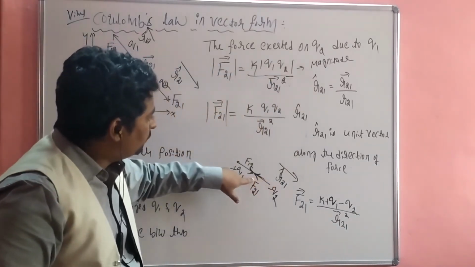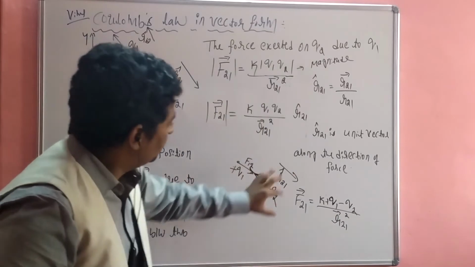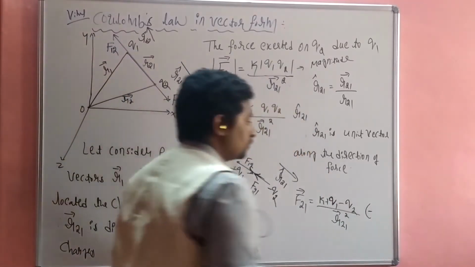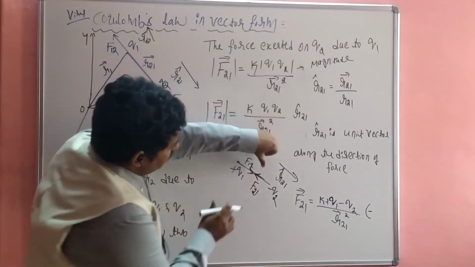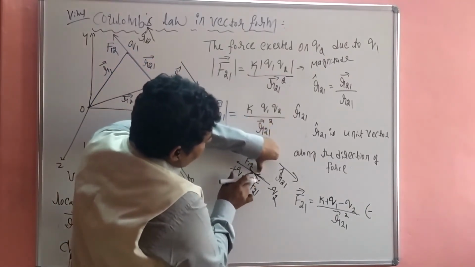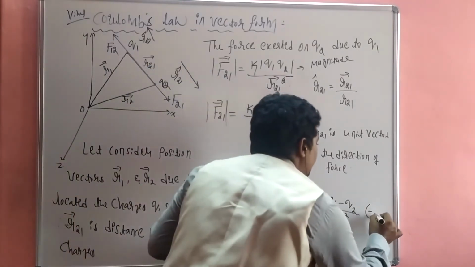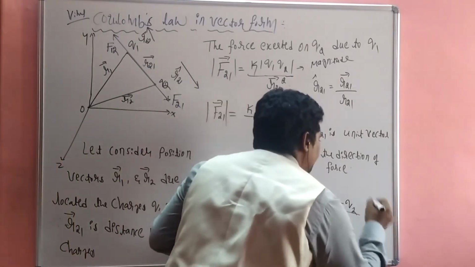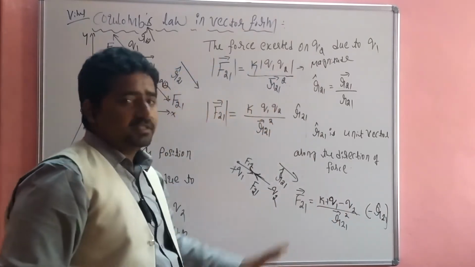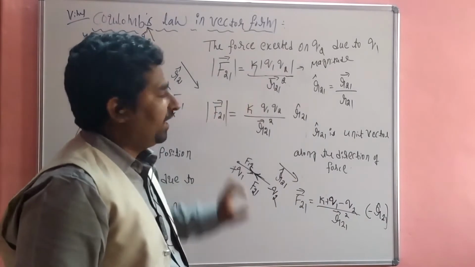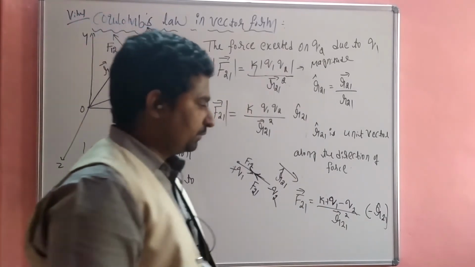It is opposite to the direction of force, and the opposite direction is shown with the negative sign. So the F21 force is in this direction, and this is opposite, that is minus R21 cap. Minus into minus gives plus, again I got a positive value. That is the reason I ignored the magnitude part.